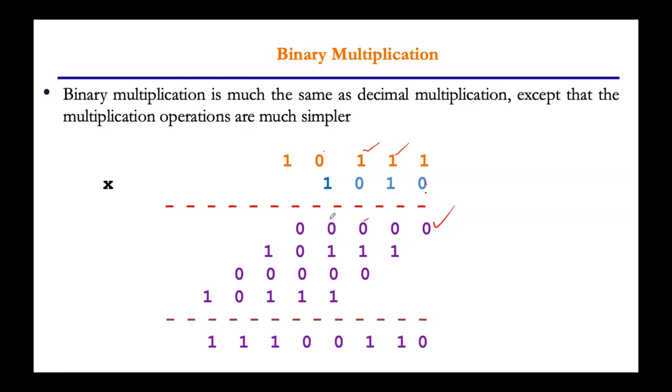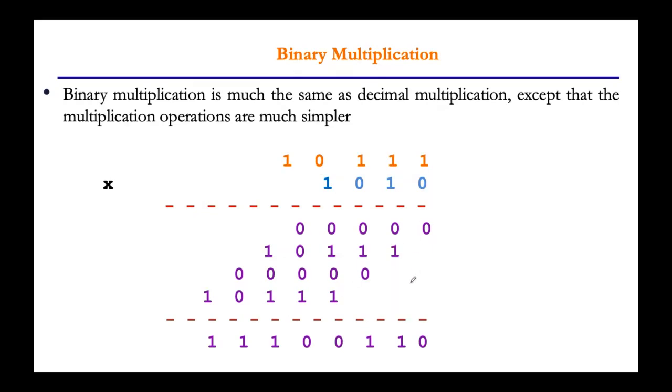So it is a bitwise operation. Then the second bit is multiplied from the second position: 1 into 1 is 1, 1 into 1 is 1. So the same number becomes 10111. Then all zeros come. Then with another 1, the entire number comes.